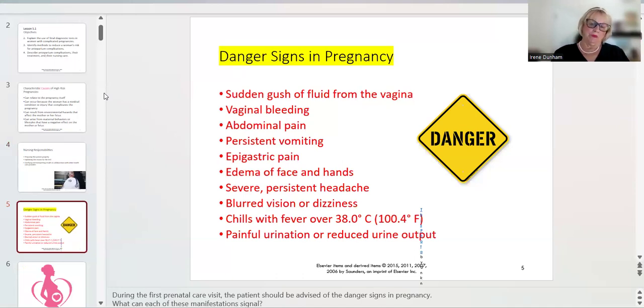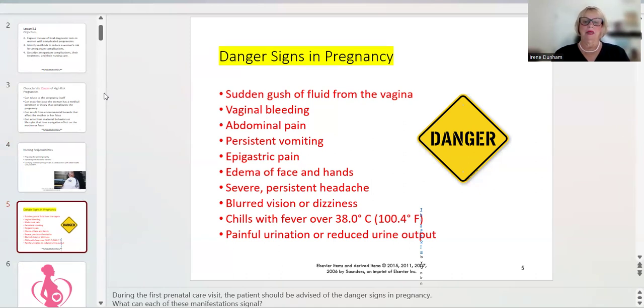Early trimester bleeding could mean she's going to have a miscarriage, she's going to abort this baby. Late vaginal bleeding, late in pregnancy, would be your placenta previas and your abruptio placentae. So again, vaginal bleeding is a danger sign.